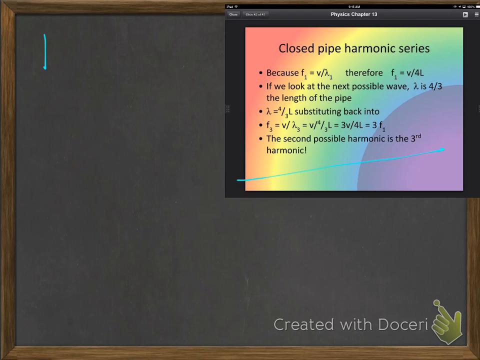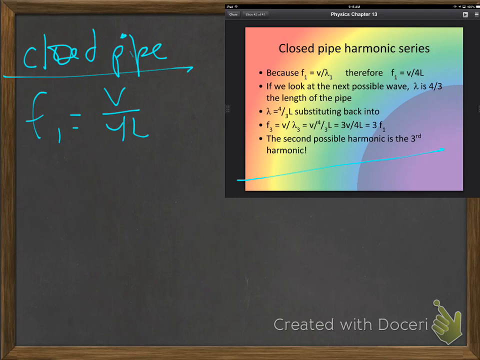So for a closed pipe, and remember this is not a struck pipe, this is a wind-blown pipe, like a flute, closed pipe system, we have f1 equals v over 4L. f3 is 3 times f1. f5, 5 times f1.